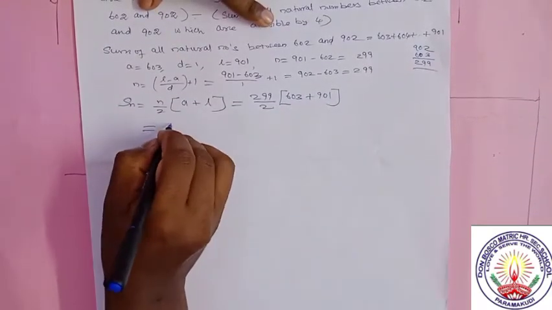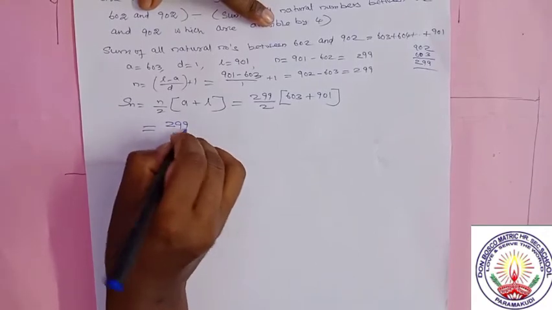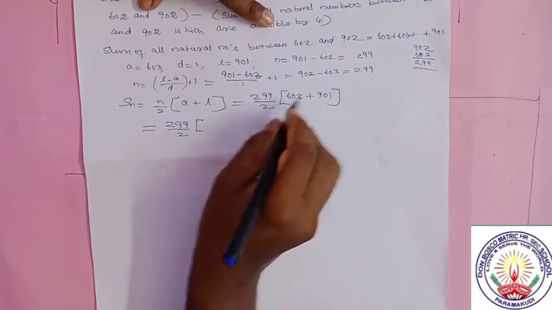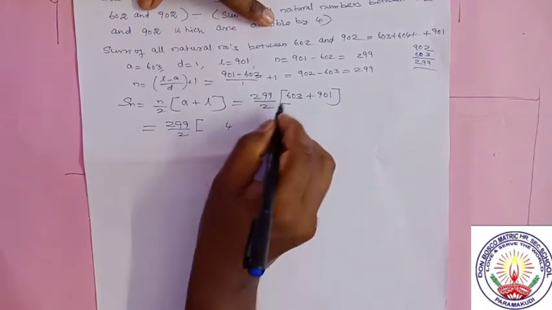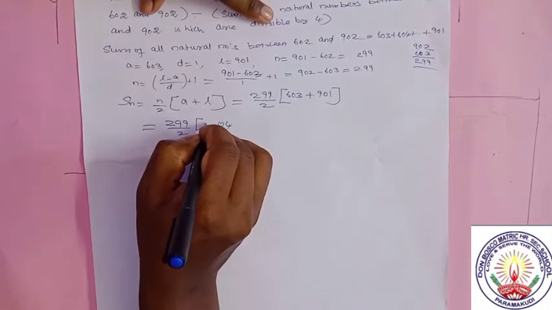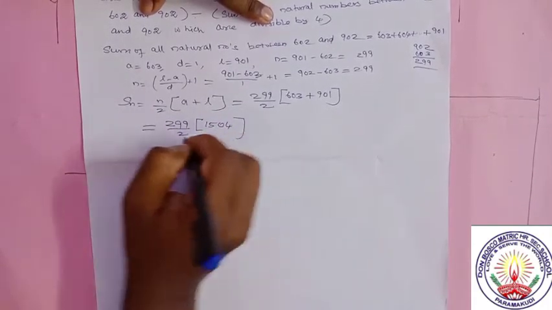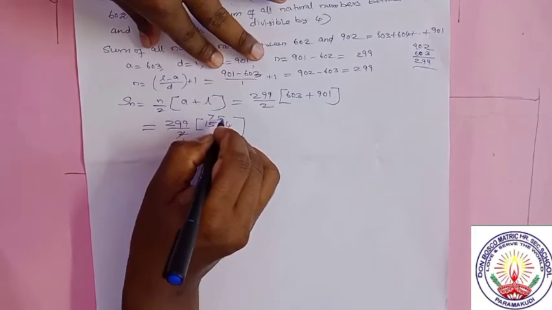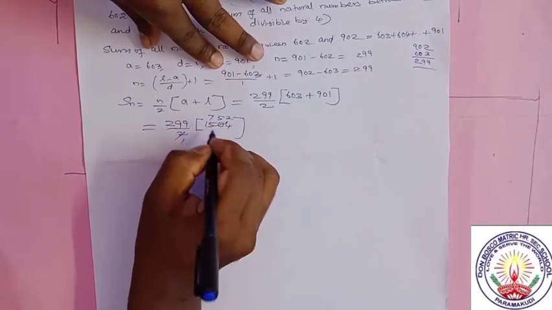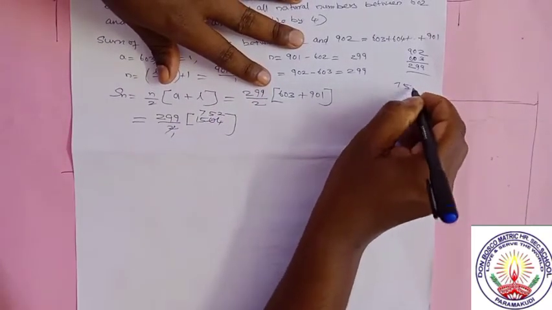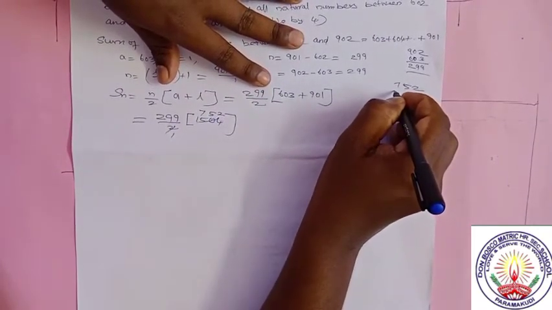So it is 299 by 2 into (603 plus 901). 1 plus 3 is equal to 4. 0 plus 0 is equal to 0. 9 plus 6 is equal to 15. So we can divide by 2: 1 2 is 2, 7 2s are 14, remaining 1, 5 2s are 10, 2 2s are 4. So 752 into 299.